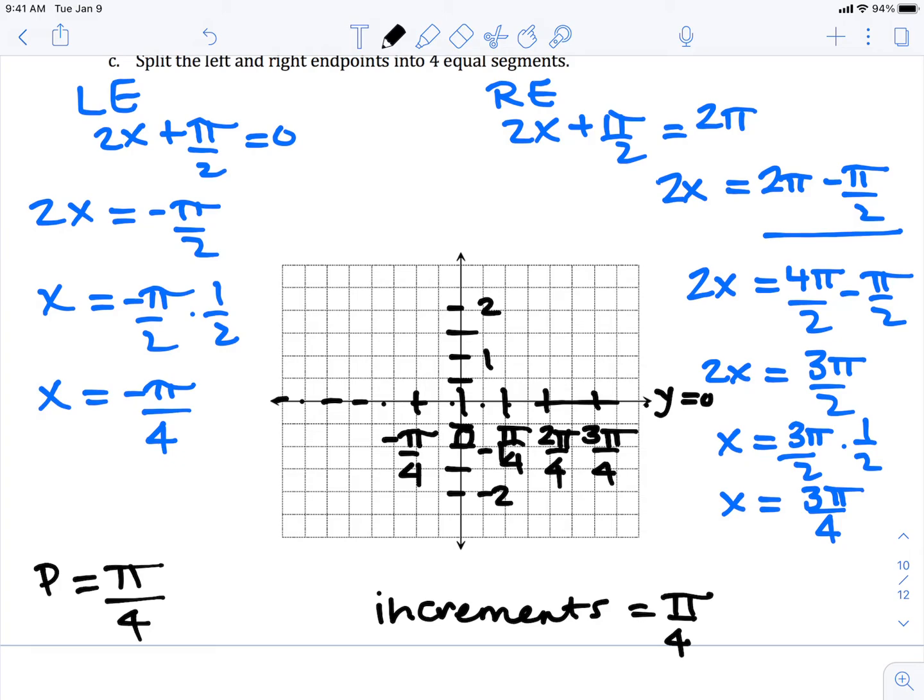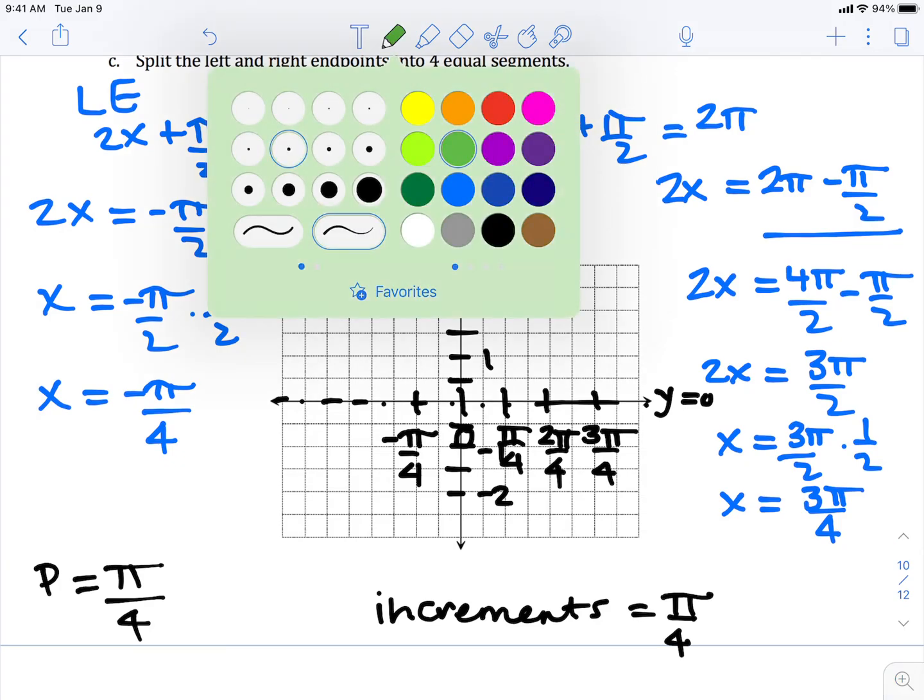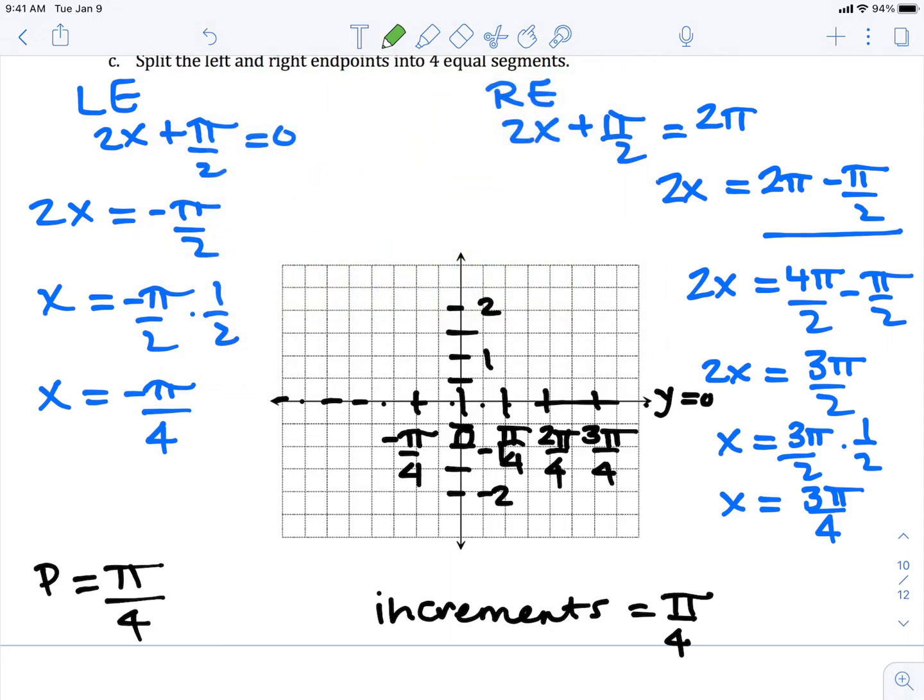All right, we're ready to graph it. So our sine function starts in the middle of that horizontal line, and now we're going to work our way down to the bottom of that amplitude, -2 on the first increment, because there's a reflection about that y equals 0, then to the center of y equals 0, then go to the top of that amplitude of 2, and then back to 0.